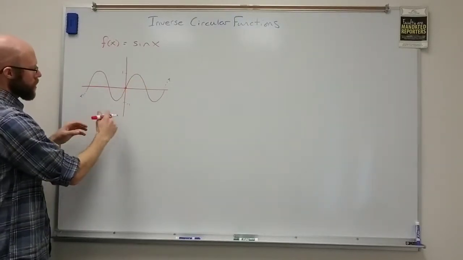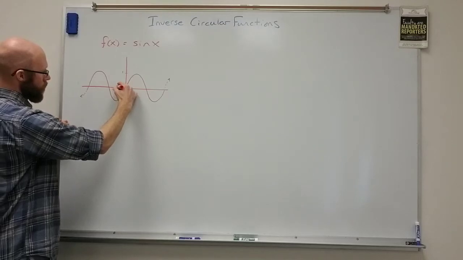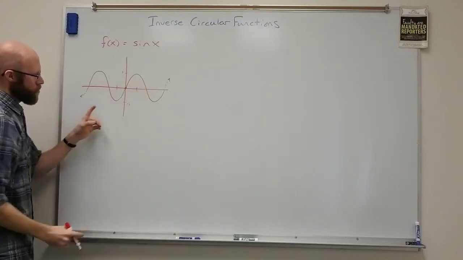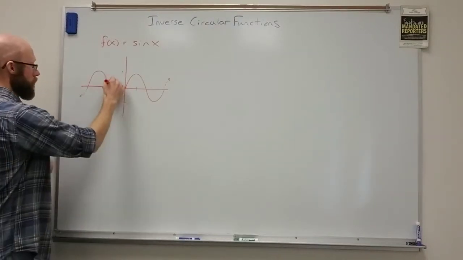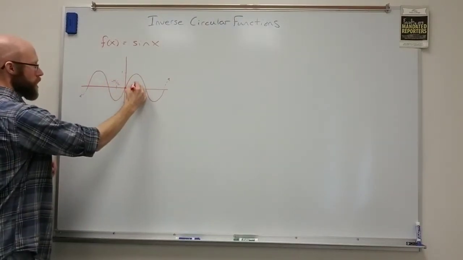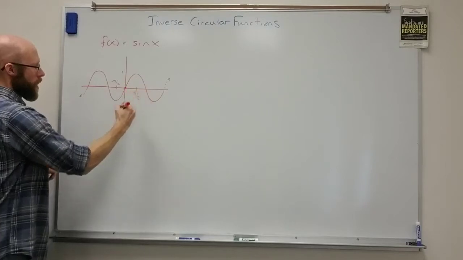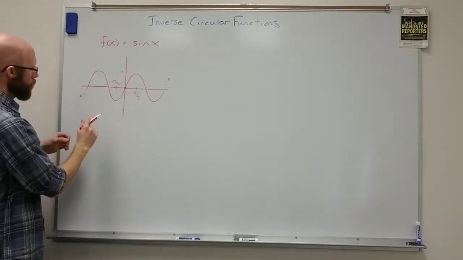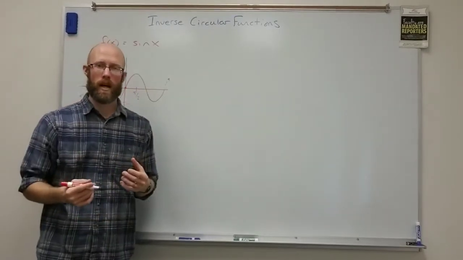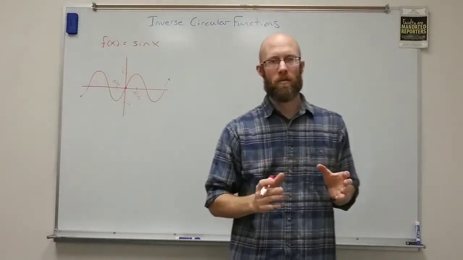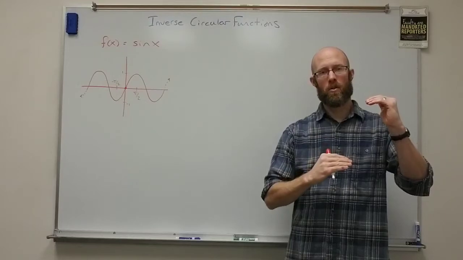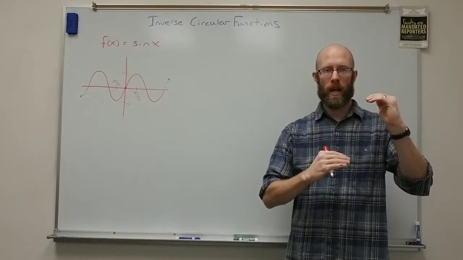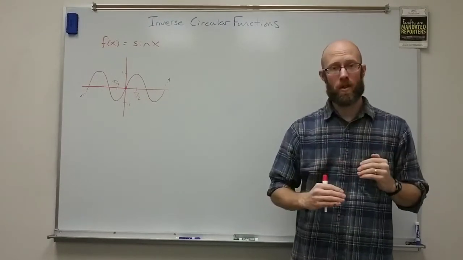So what we have to do is actually start to the left and end at the max. We start at the min, end at the max. This would be starting at -π/2 and ending at π/2. If we restrict the domain to that interval, we'll create a one-to-one function that does include the entire range of values for the sine.